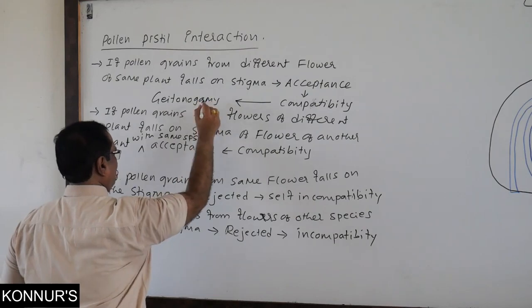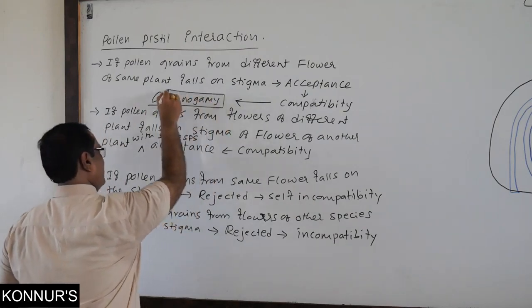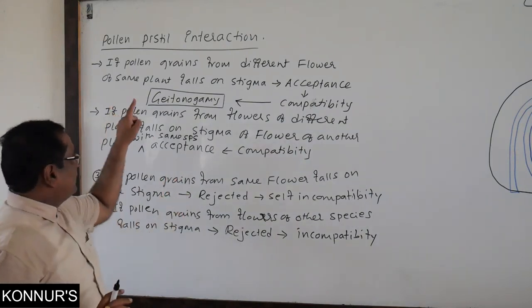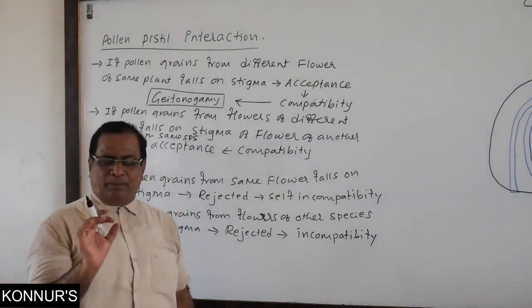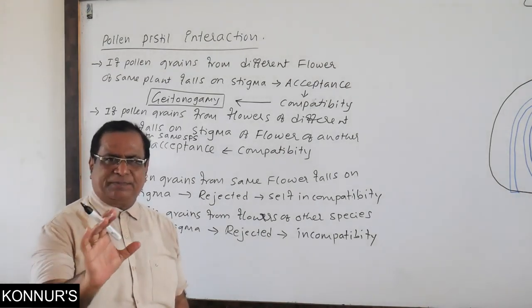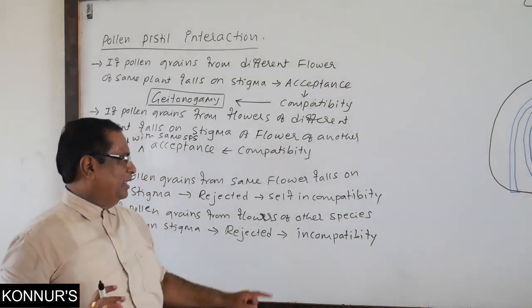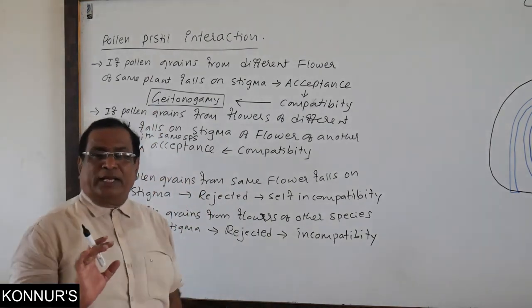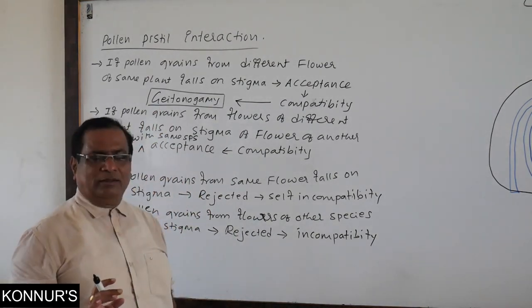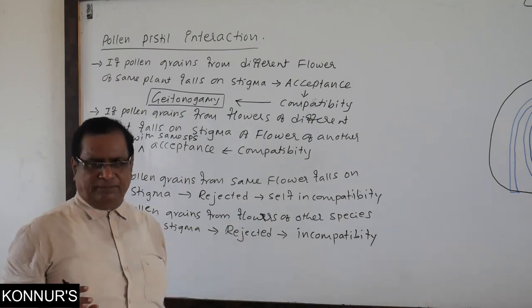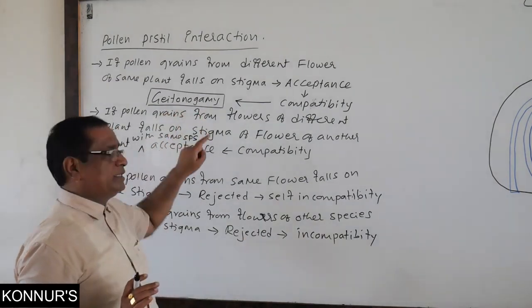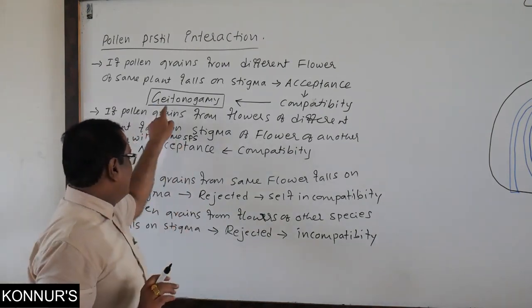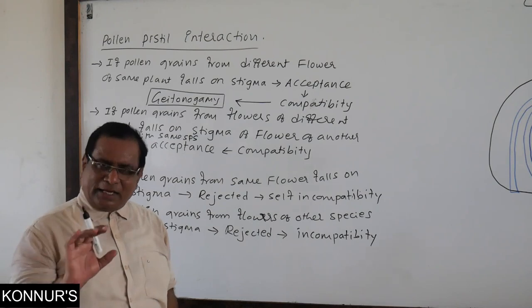That also you must remember. Zytonogamy. Only during this condition the stigma accepts the pollen grain, that is compatibility, and the type of pollination is zytonogamy. It's a cross-pollination, but genetically they are similar.